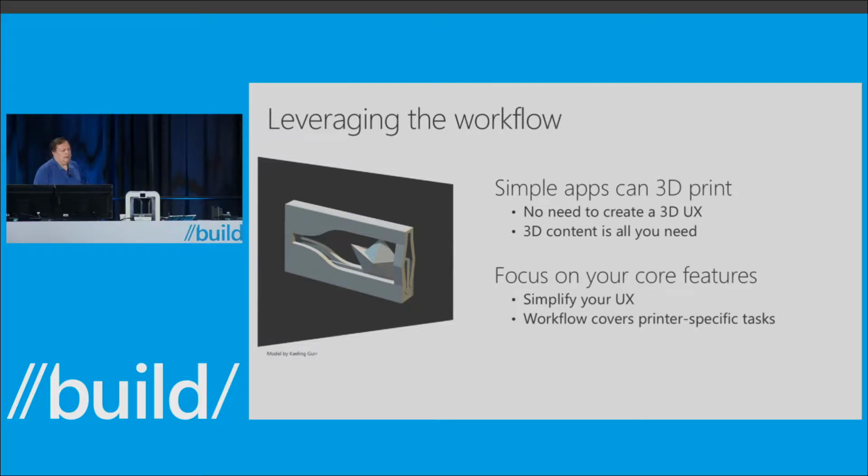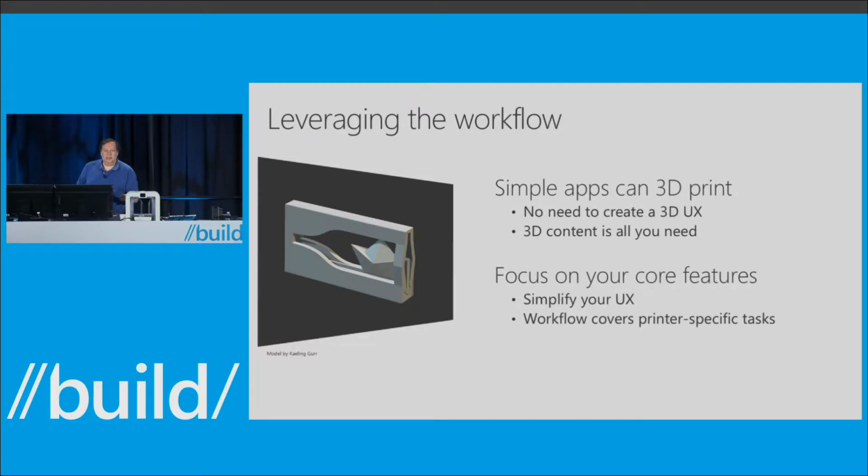You don't have to do a 3D viewing tool. You don't have to create the user interaction in order to view things and spin things around and look at it. If you're a very simple app and you really just want to print something, like I have a cartoon here, I like to print Joe the Gunslinger, you really just need to throw that model over the wall to us through the file print capability, and then let us take care of the rest of it.